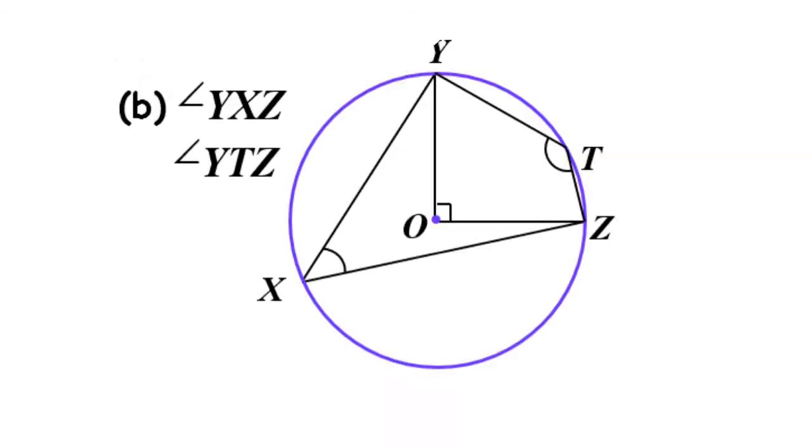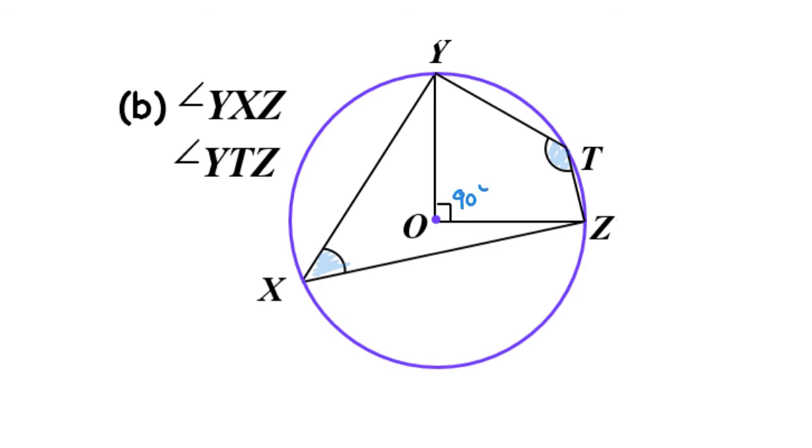Example B, we want to find angle YXZ. So that's this angle at the top, and also angle YTZ, and that's the angle here. So what we've got is that the angle at the middle, so the angle subtended by YZ at the center of the circle, is 90 degrees.